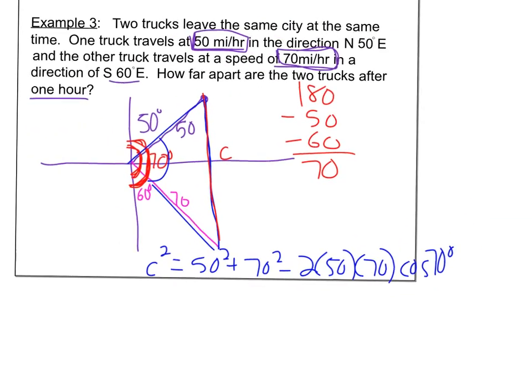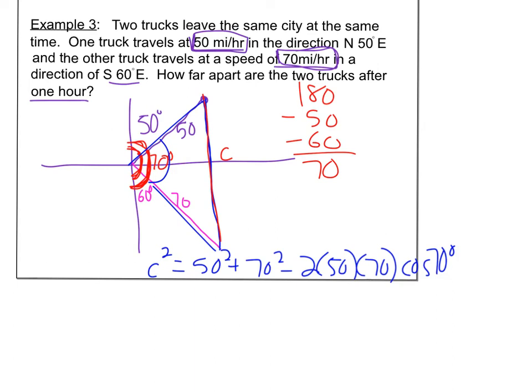Another way you could have figured out the angle measure is this way: if this is 60, this is 60, and if this is 50, this angle is 50. It's still a triangle, it has to add up to 180, so I could have gotten 70 degrees that way. Again, everything's on one side, so I can just do some button mashing and let the calculator do the legwork for me.